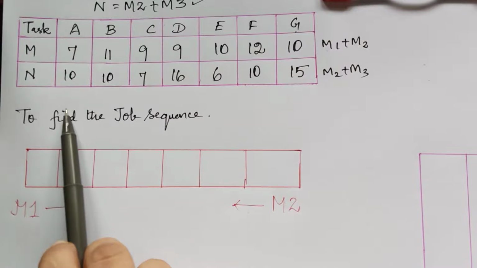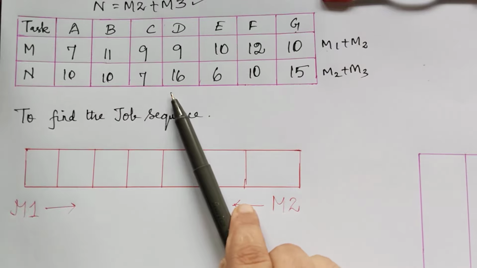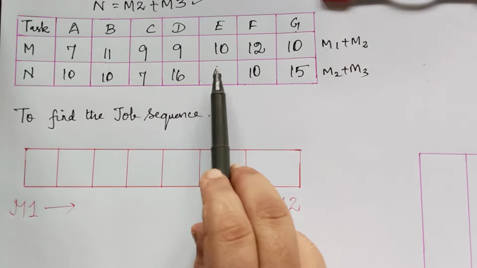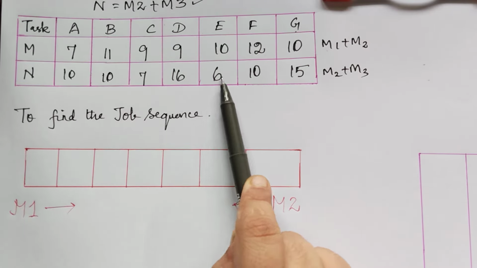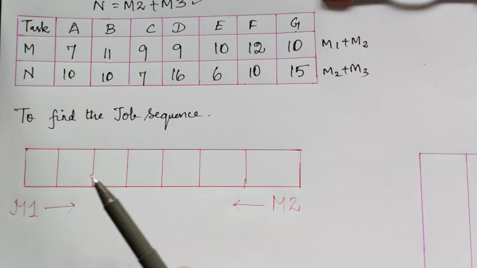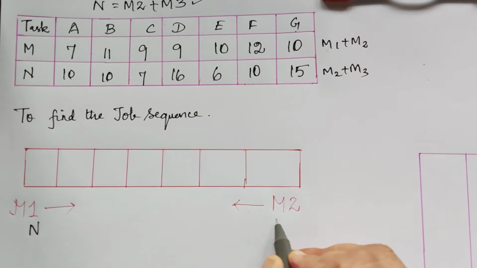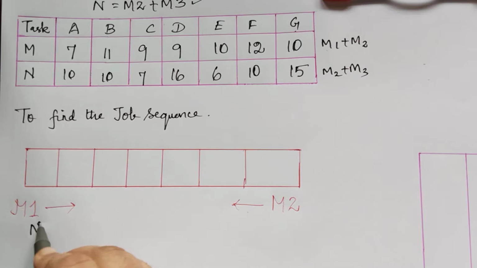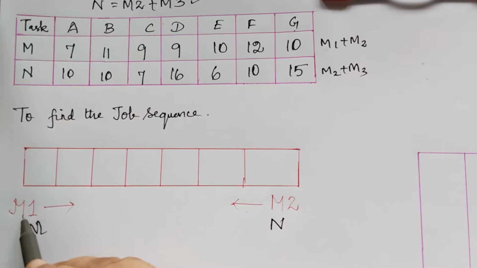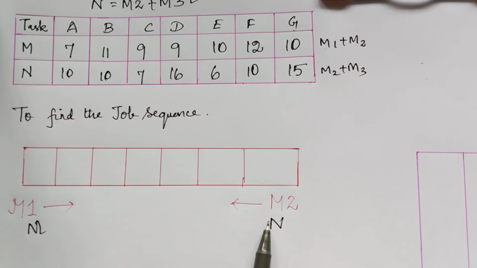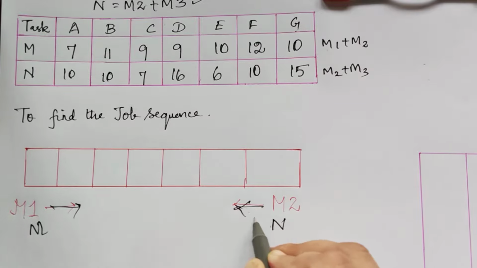So now we have to check out what is the least element of all these processing times. So if we check, the least element of all this will be 6. And the 6 is not repeated, only once it has come. So 6 is in machine N. So this is M and this is N. This is machine M, because that is the first machine, and this is N. Okay, it's not M1 and M2, it is M and N. So now M we have to write this way, and N we have to write this way.